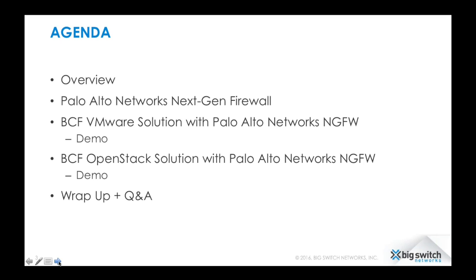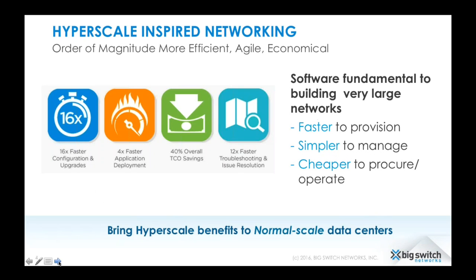But before I hand it over to Sai, let me start off with a quick overview of the key trends that are driving this data center solution. So hyperscalers have led the innovation in networking for the past decade. They've built their own solution with software running on commodity hardware instead of using proprietary networking products. So this fundamental shift into software has helped them accelerate speed of application deployment, enable management simplicity, all at a much lower total cost of ownership.